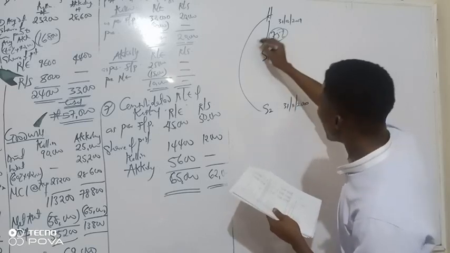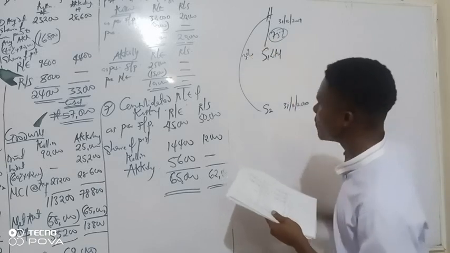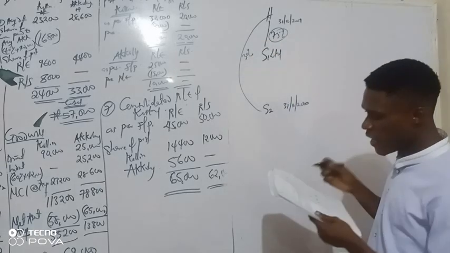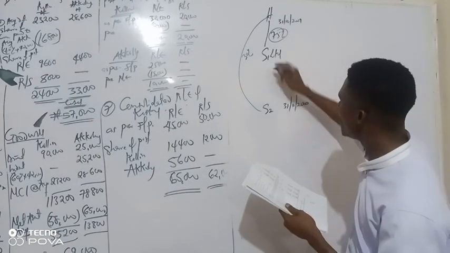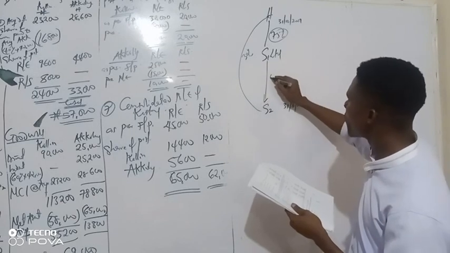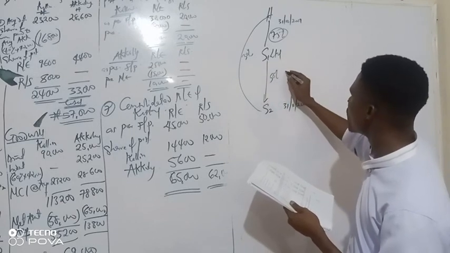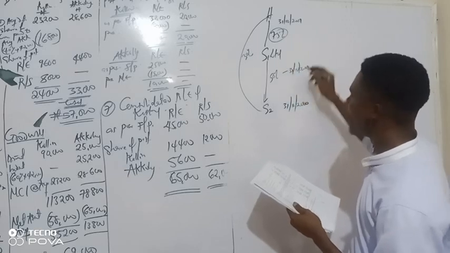It acquires 30%. But S1 acquires S2, how many percent? 50%. On what date? On 31st, 2001.